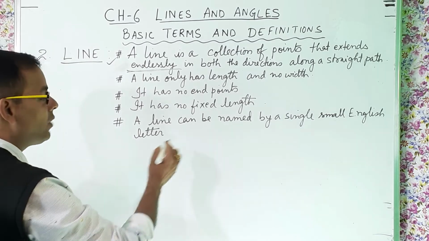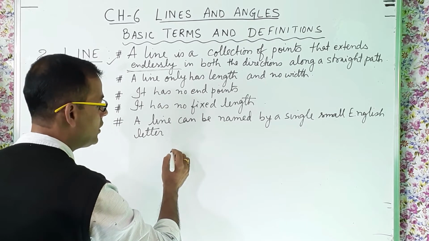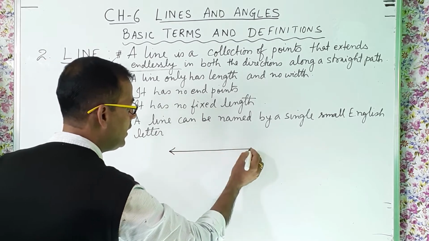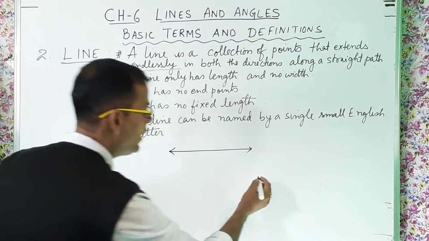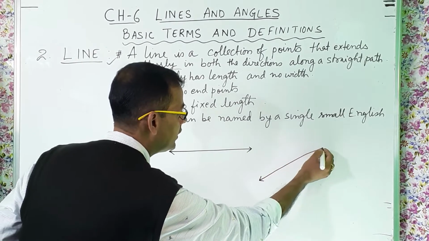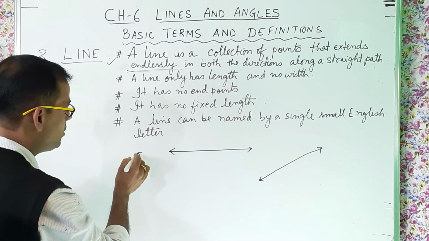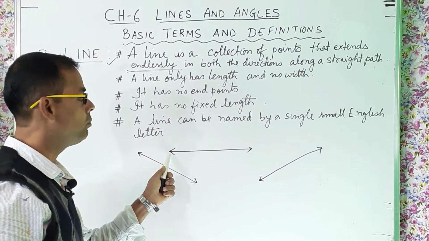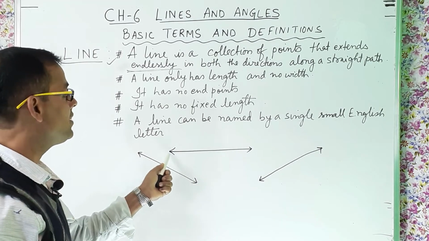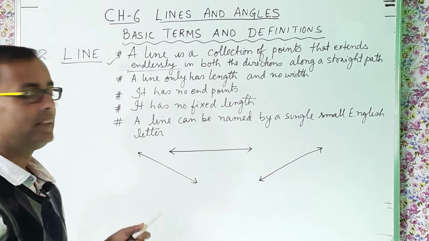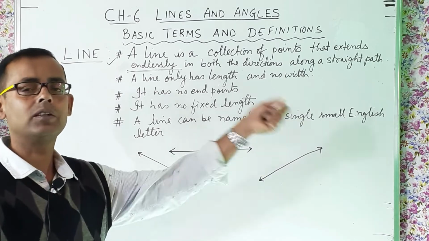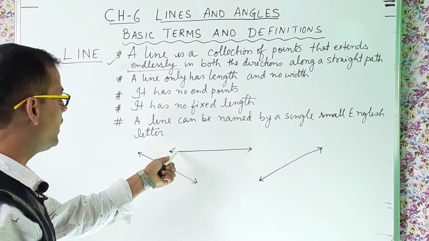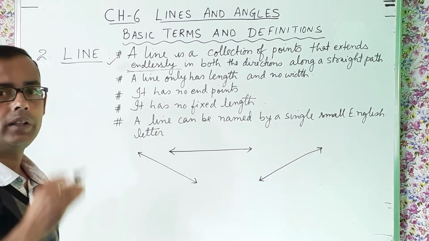So if I want to draw the picture, this is a line. You can say this is also a line. I have made arrow marks on both sides. What does this mean? It means endlessly. This line is going on moving this side, and this side it is going on moving.